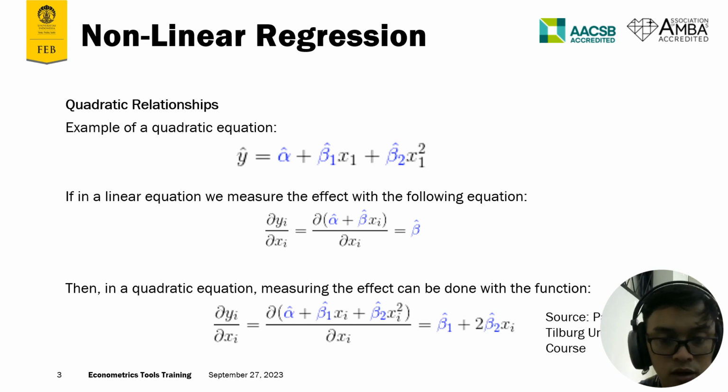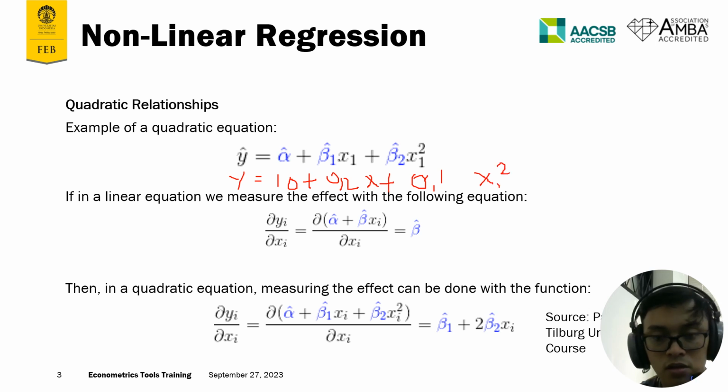For example, this y is y, and alpha is, for example, 10. This is just an example, okay? Beta is 0.2, then 0.1 for x1 quadratic.